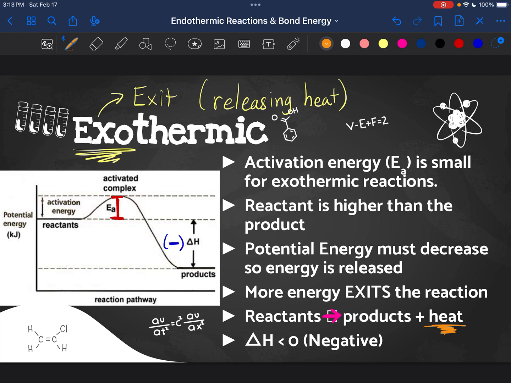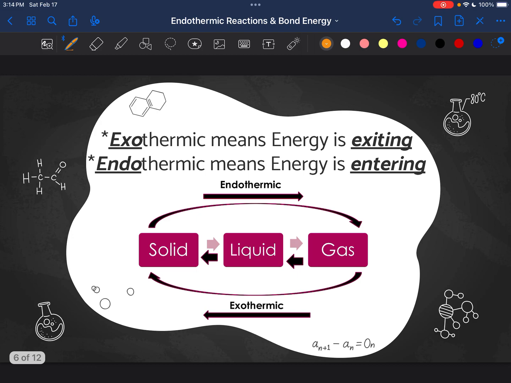Now, how in the world am I going to interpret this or include it with what we have learned previously about solid, liquid, gas? Well, on the next slide, exothermic is releasing or exiting. Endo means entering. If that doesn't make sense, think about this. If we have an ice cube, and the ice cube contains a lot of heat inside its body, then what happens?